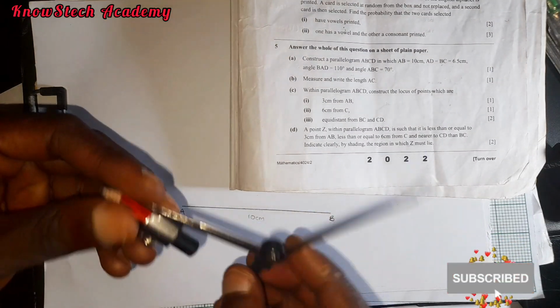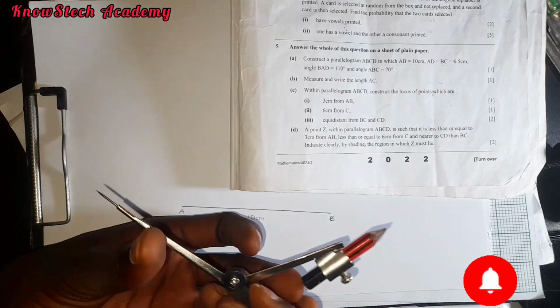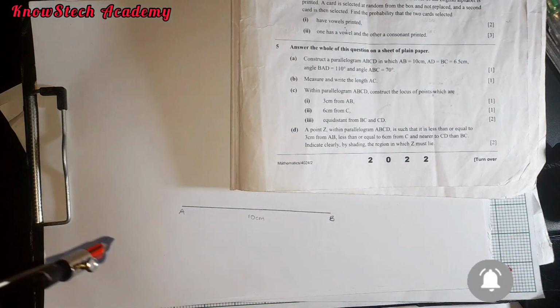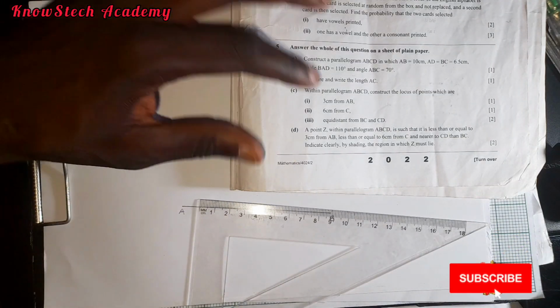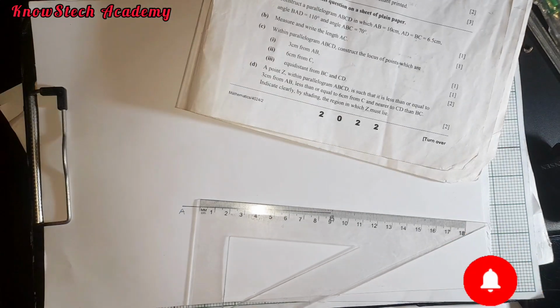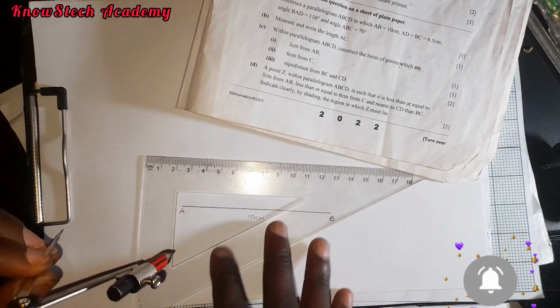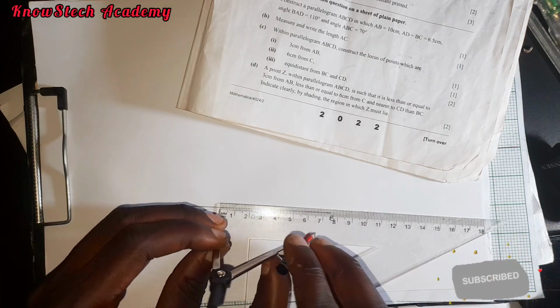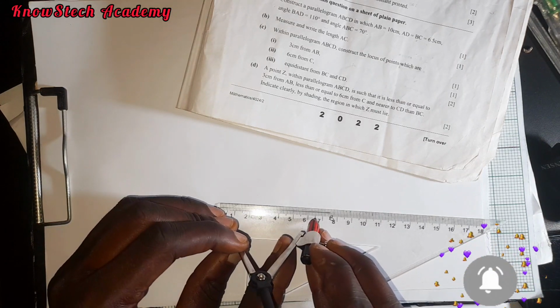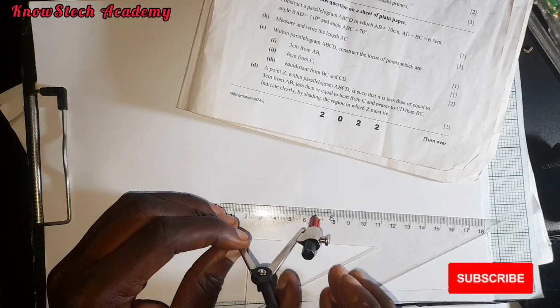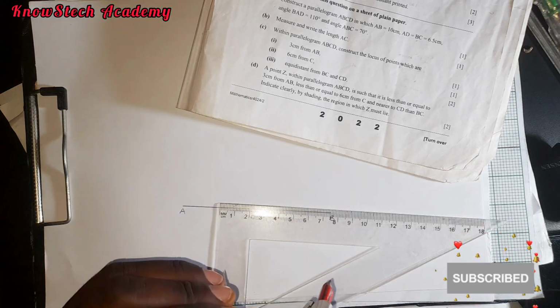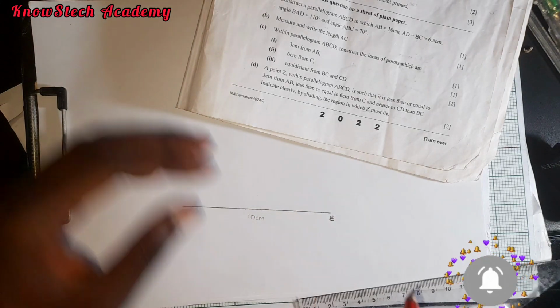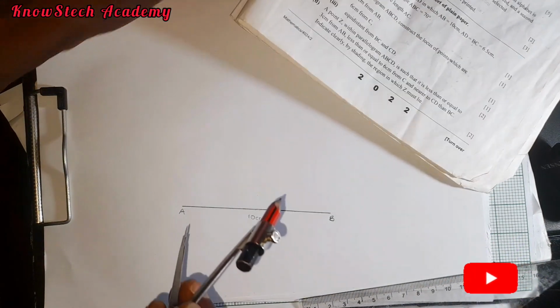So we are going to use the same compass and measure 6.5 centimeters. This is 0, from 0 up to 6, this is 6, and then this is 6.5 here. This is 6.5, and then we just strike an arc.